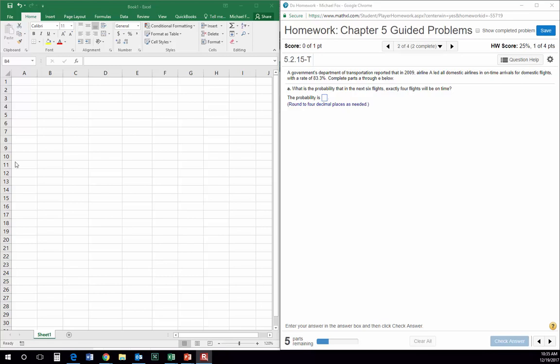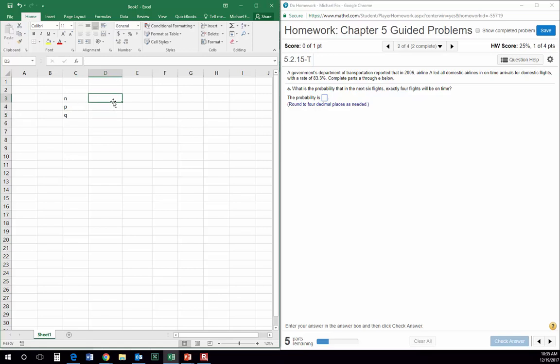So the first thing we need to do is collect the data. We're going to need N for the number of trials, P for the probability of success in any given trial, and we may need Q, which is the probability of failure.